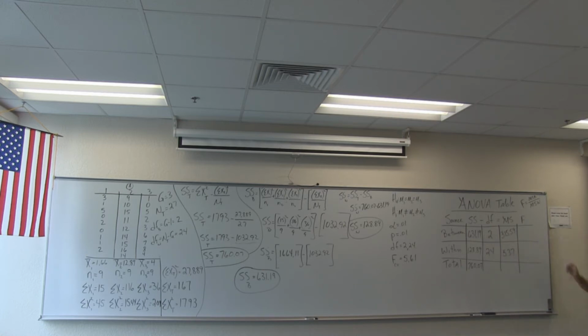We know the F statistic is just another ratio. In this case, mean square between, 315.59, divided by mean square within, 5.37.